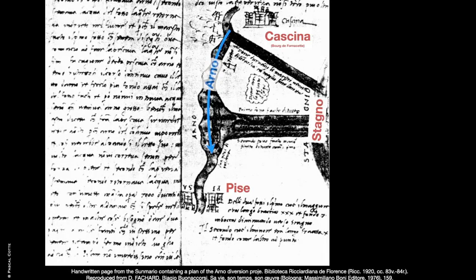This manuscript of the time takes up the two diversions envisaged. Between Cassina and Pisa to go towards Stagno. On the 20 August 1504, work began on a double canal at the Faggiana Tower, which was knocked down to use the materials.